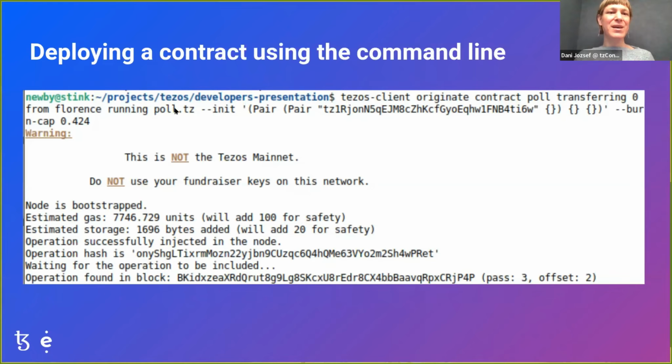Running poll.tz, which would be the Michelson code, --init, and here we add the initial storage expression, --burn-cap 0.424. That means 0.424 Tez is the maximum we are willing to burn to pay for storage. And then by running this, tezos-client will connect to the node and execute the contract origination transaction.